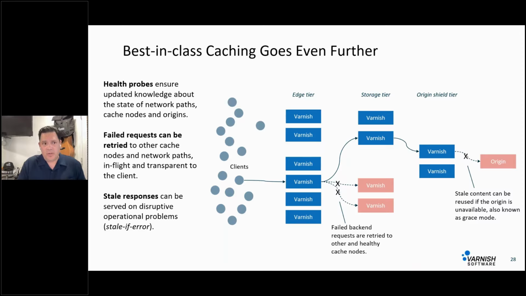One of the benefits of Varnish is being able to customize specific logic and run it at the edge. We have our own language that's used by a number of different content delivery networks out there called VCL, Varnish Configuration Language.